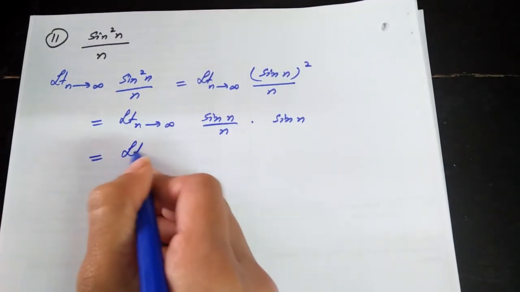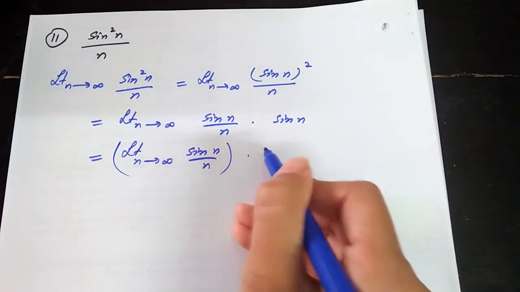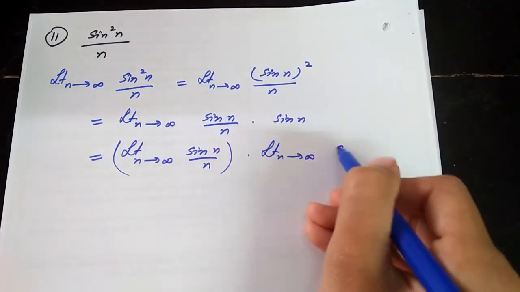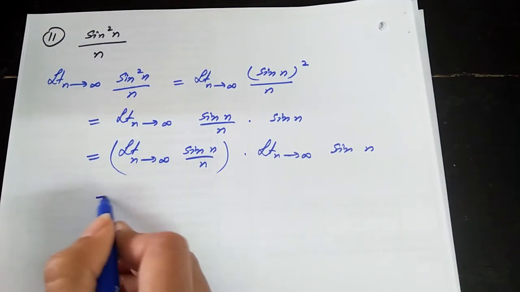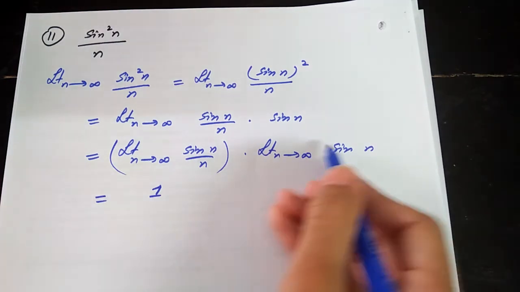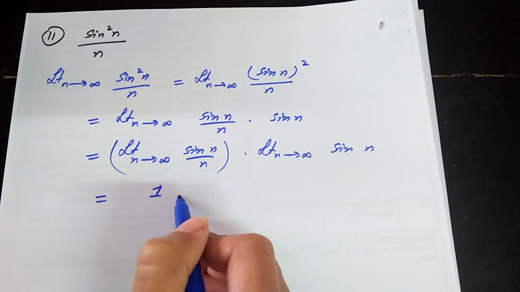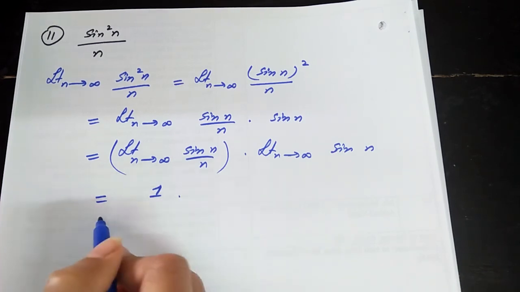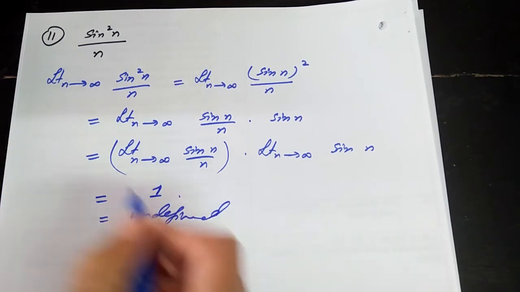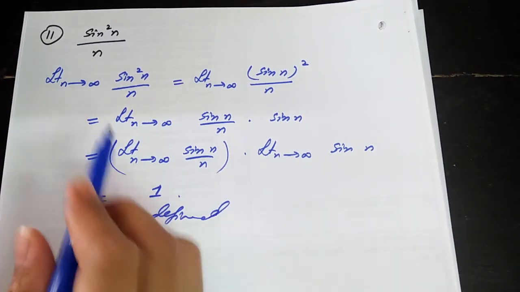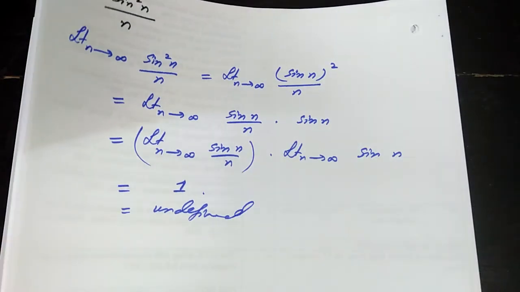This will be separated as the limit of sine n over n, into the limit of sine of n. We know that the first term has the value equal to 1. And if we apply the limit of sine at infinity here, this will become undefined. So out of this method we will get an undefined answer. So this is not the proper way to solve this limit. So we will follow the next method here.